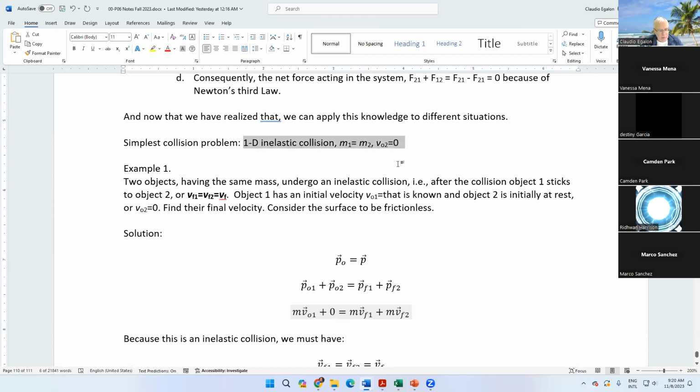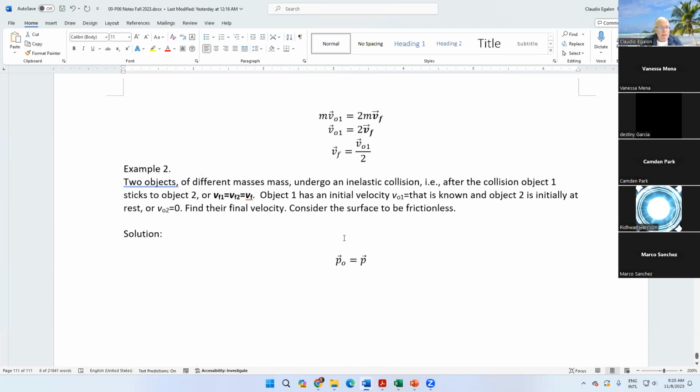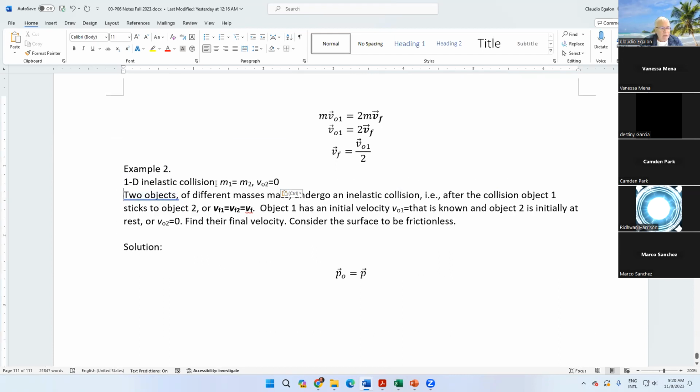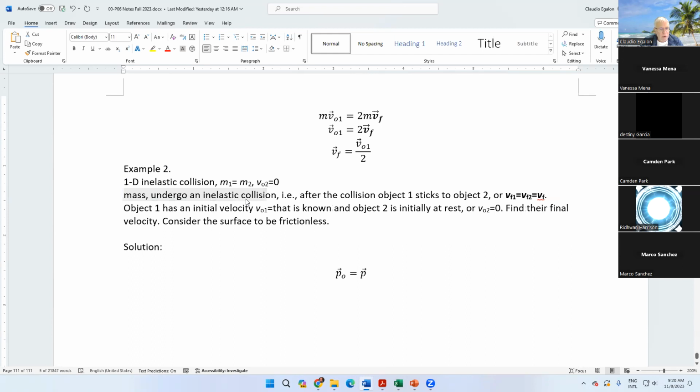One D inelastic collision. Two objects of different masses.